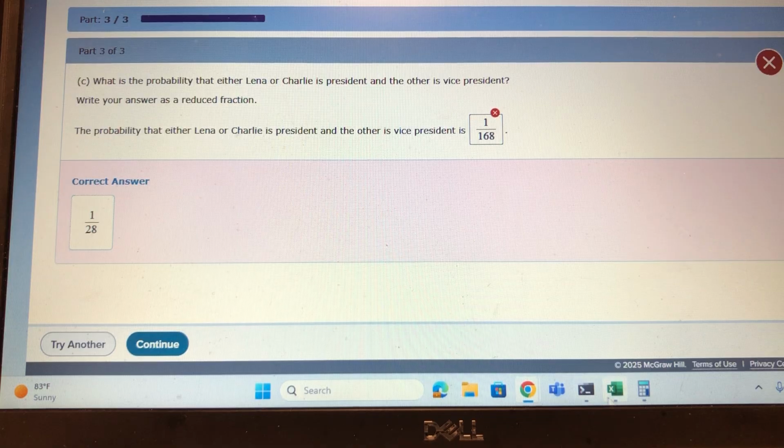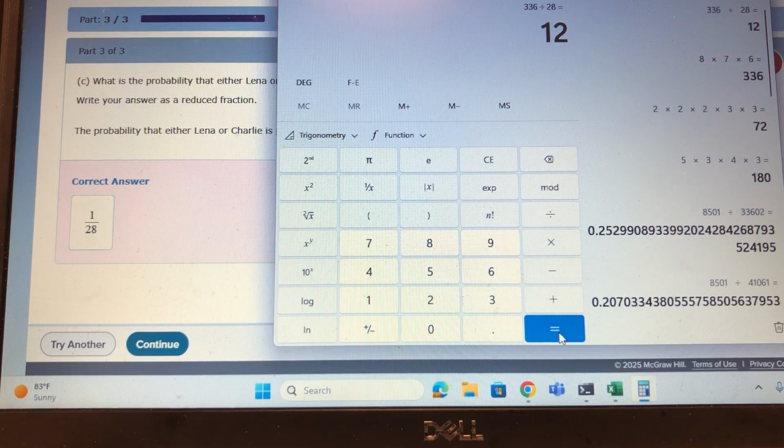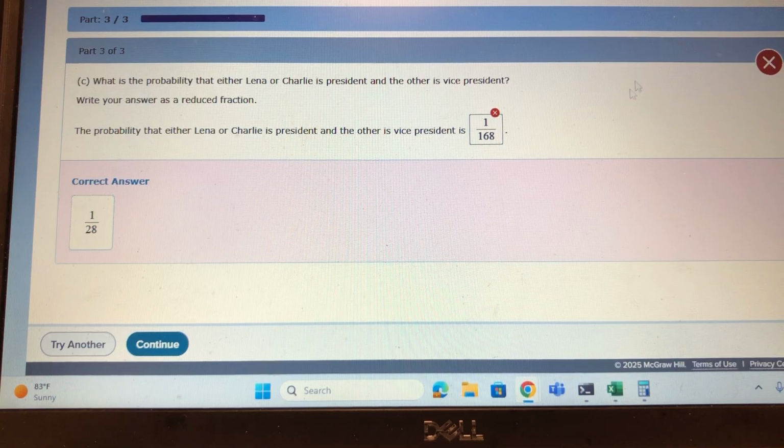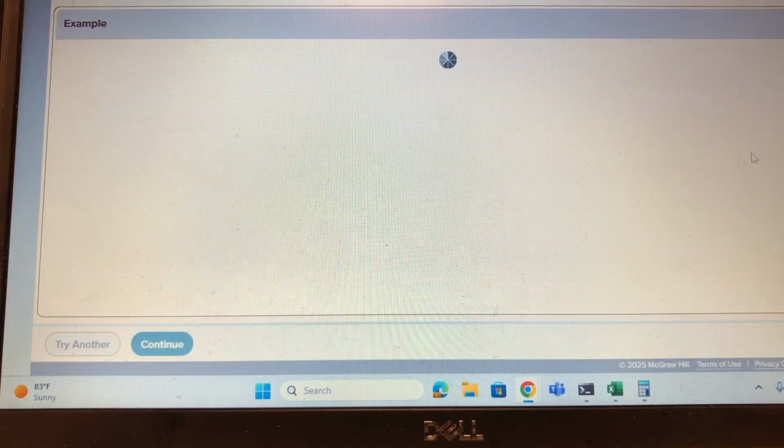Okay, that's weird. What's 336 divided by 28? They're divided by 12. Okay, that's really weird. 12. How are they getting 4 times 3? I don't know this one, actually. Let's see. Example.